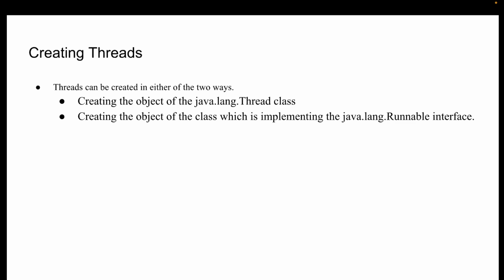Fundamentally they can ask what the basic ways are through which threads can be created. There are two ways: you can extend the Thread class, that is, inherit it, or you can implement the Runnable interface, and the object of the class implementing the Runnable interface has to be created.